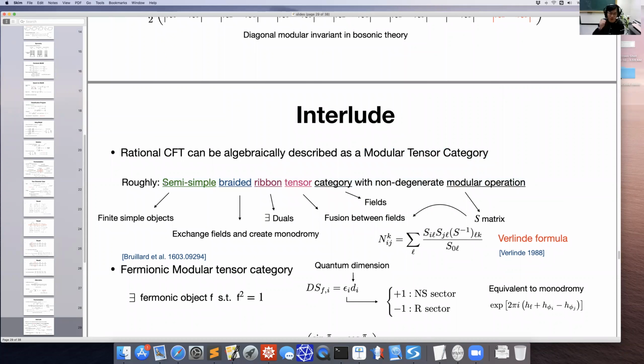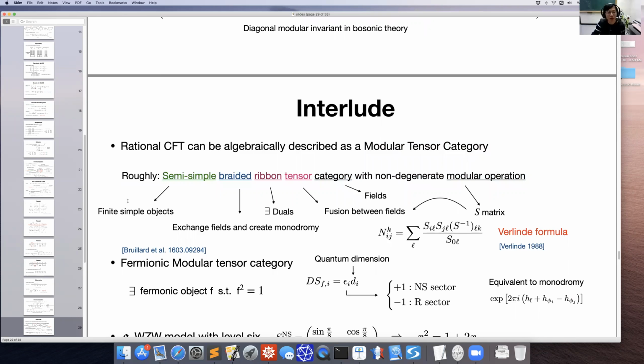As physicists, we are trying to understand the definition in terms of physics, so I decipher all those complicated words in terms of physical language.